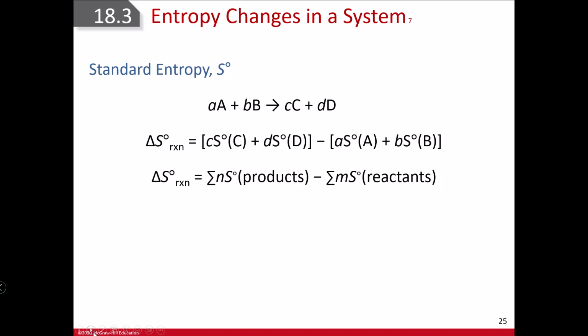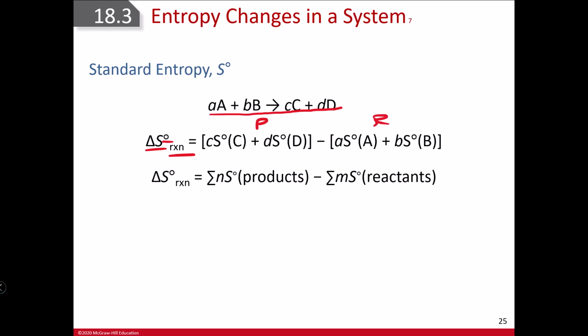All right, so this equation is really important, and it looks pretty much exactly like the equation we saw in chapter 5 with enthalpy. If I were to measure the standard change in entropy of the reaction for this general equation up here, it's always products minus reactants. That's what we have in these brackets.